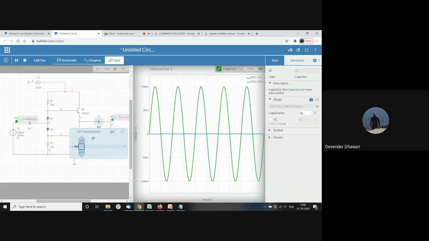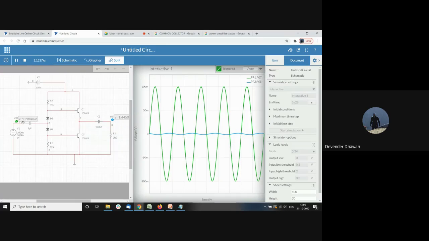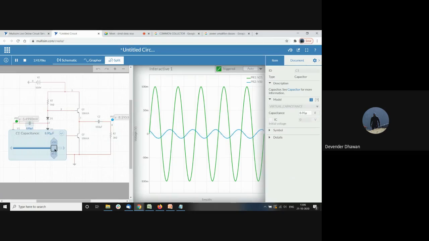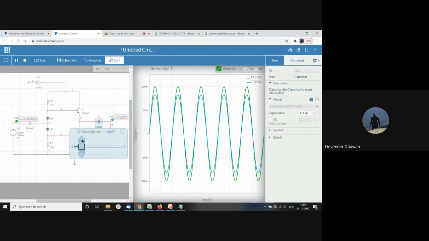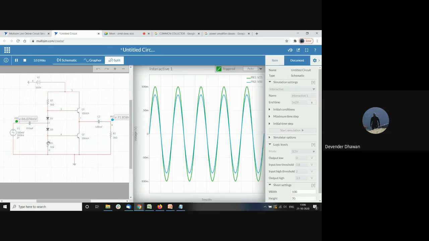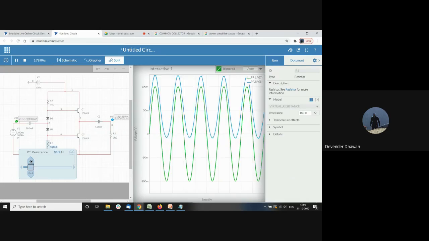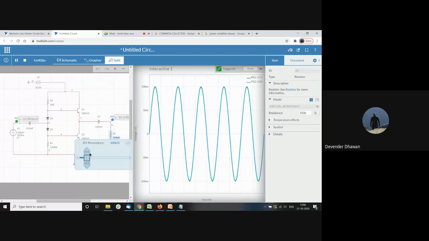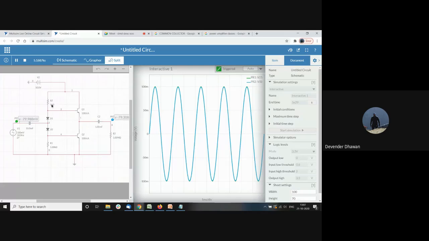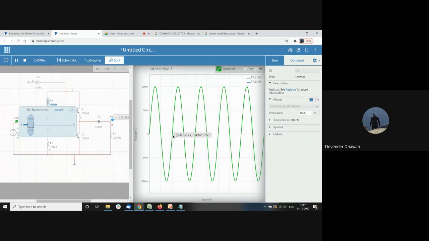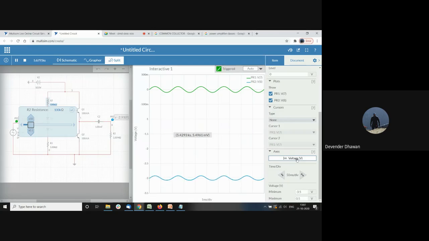Let's try to increase some values and see. About this resistance, increased.